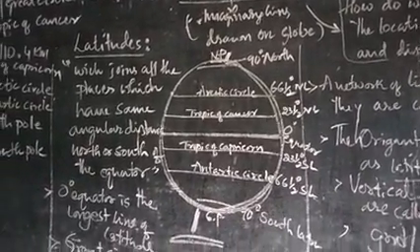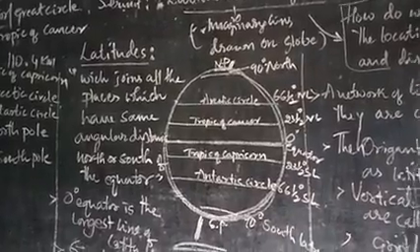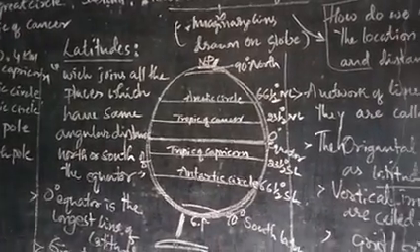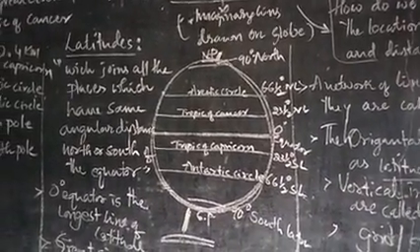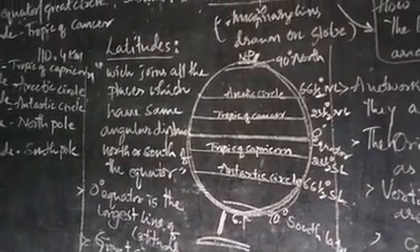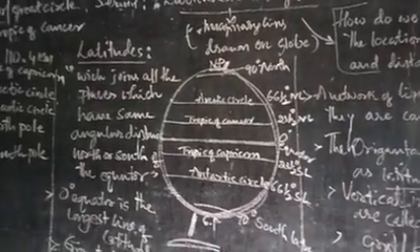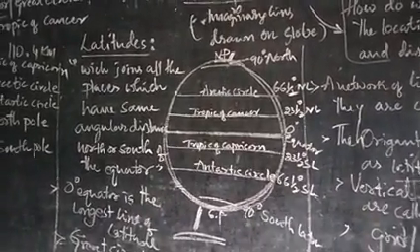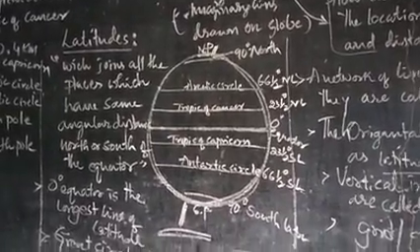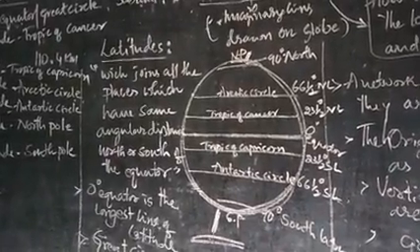The fifth is 66.5 degree south latitude, the Antarctic Circle. The sixth is 90 degree north latitude, the North Pole. And the last is 90 degree south latitude, the South Pole.